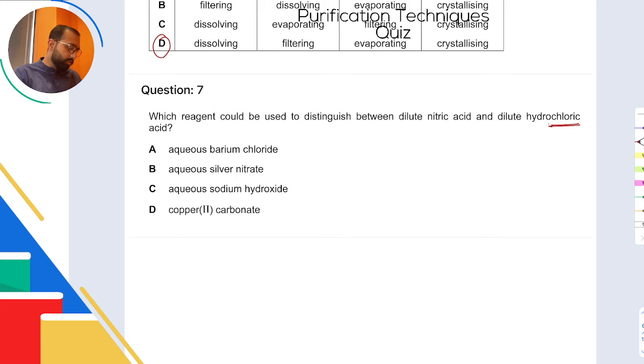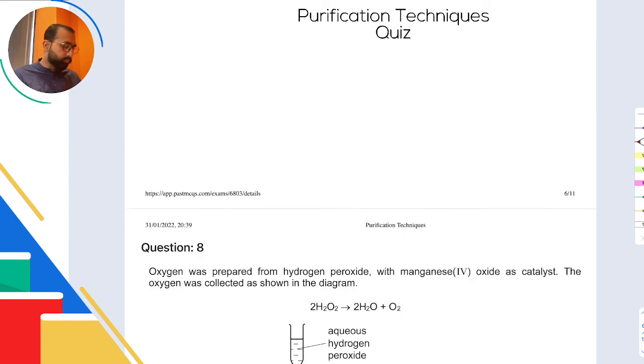So silver nitrate is going to be my answer, because silver nitrate will not react with nitric acid since both of them have nitrates in them, but it will react with hydrochloric acid, producing silver chloride, which is insoluble. Again, people who are in grade 9, 10, or people who have not studied identification of salts, don't need to worry about this question.